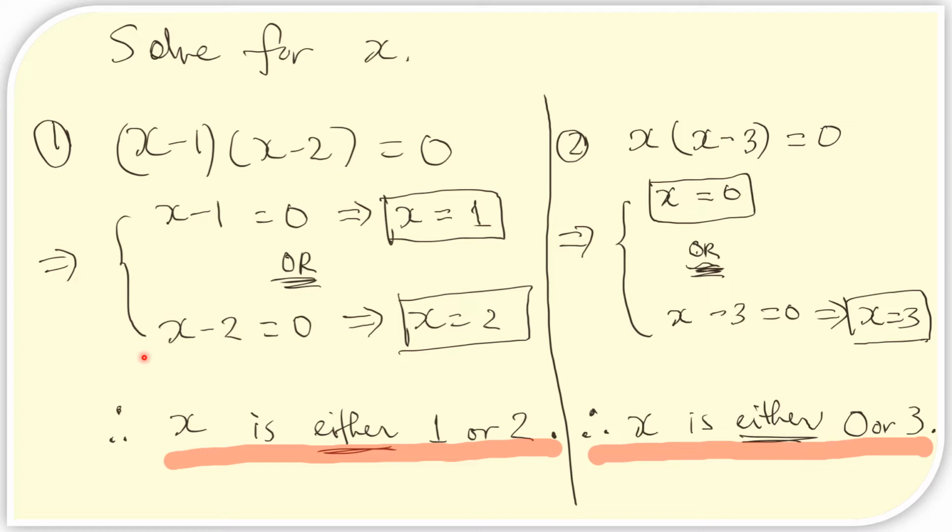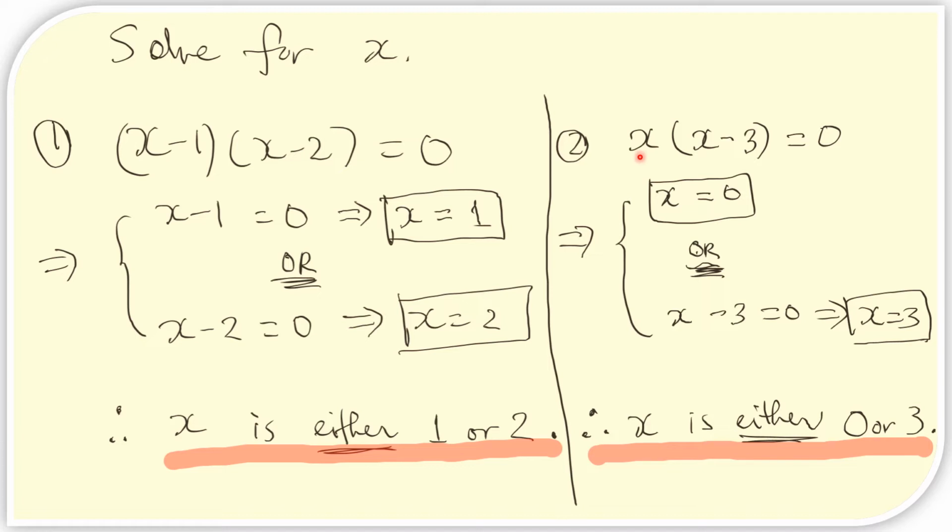We do the same for this equation. We have x minus 2. If we add 2 here, minus 2 plus 2 becomes 0, so we are left with x. On this side, we also add 2, and so x equals 2. Therefore, x is either 1 or 2. Let's try another one.